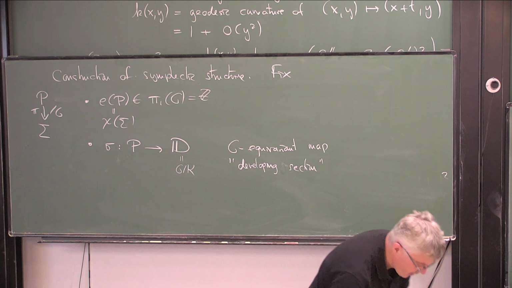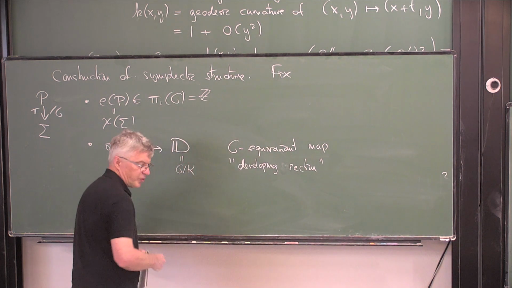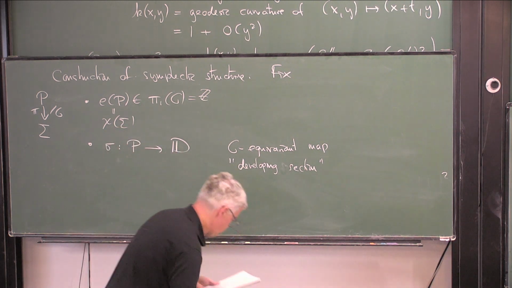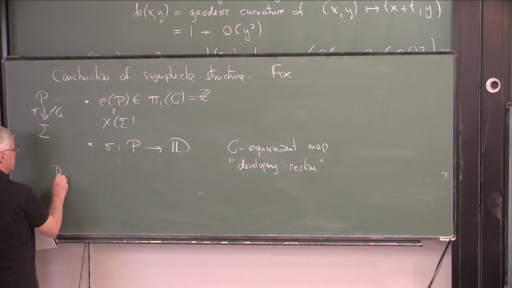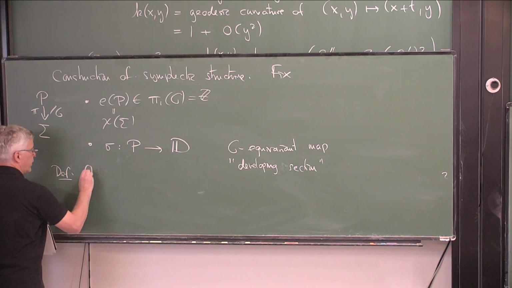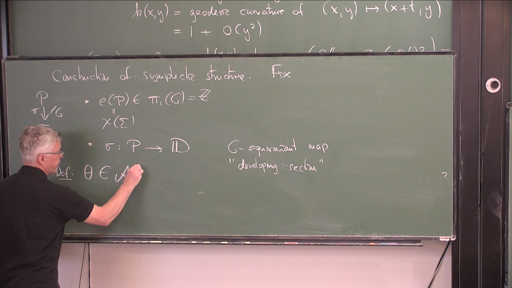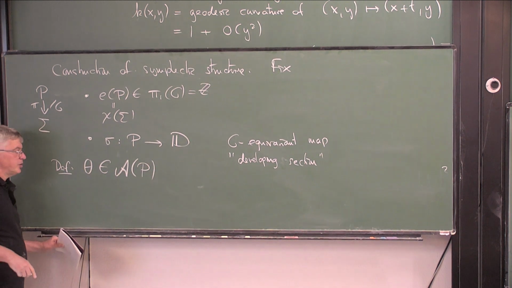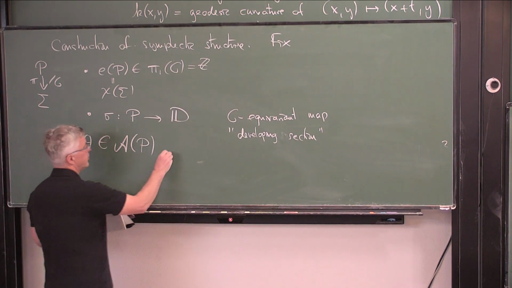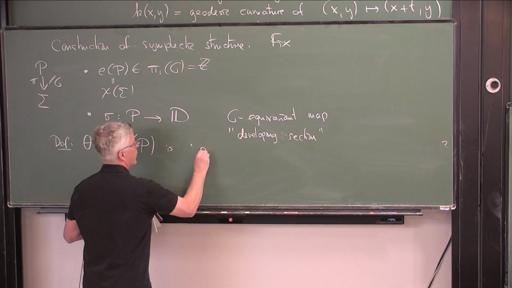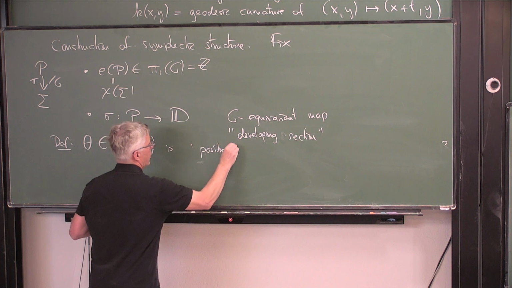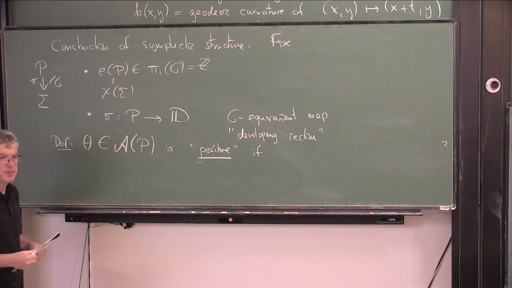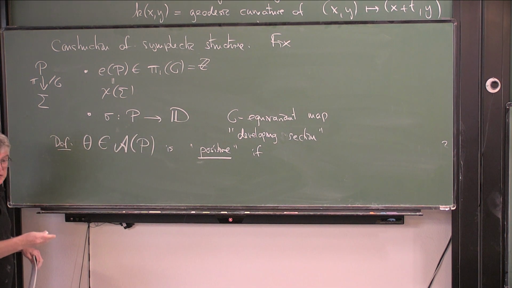All right. And now we make a definition of what we call a positive connection. The connection, this is my notation for connections on the principal bundle. A connection is called positive if the following map is positive. If you have a connection, you have a horizontal lift.